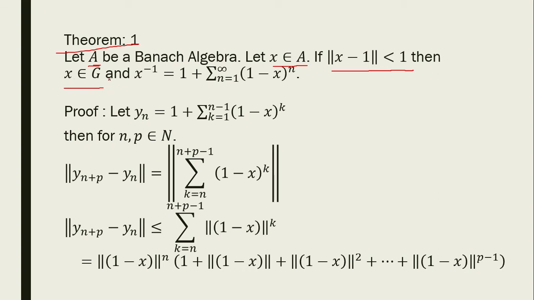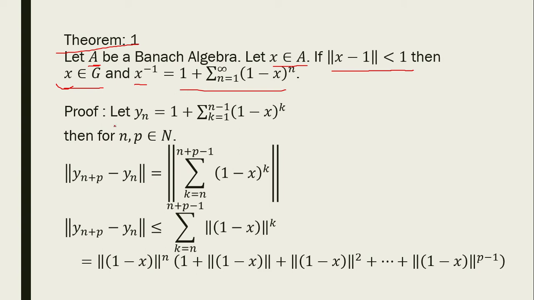If X is regular, then the inverse exists, and X inverse is equal to 1 plus the summation n equal to 1 to infinity of (1 minus X) raised to n. We have to prove X is regular and the inverse is equal to this.